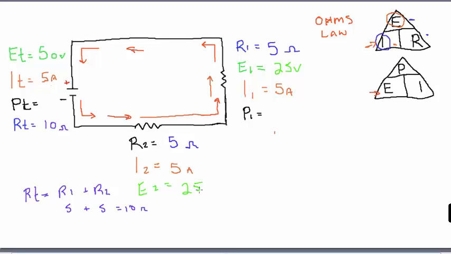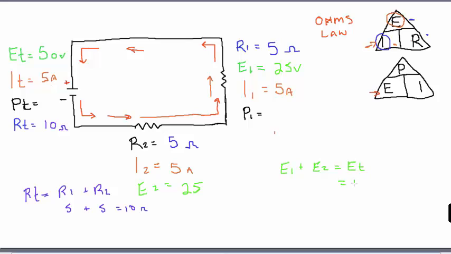Now Kirchhoff's voltage law says that the sum of the voltage drops in a series circuit must equal the voltage applied. So we're saying that the sum of the voltage drops in the series circuit, so voltage drop at 1 plus the voltage drop at 2 must equal my total voltage in the circuit.